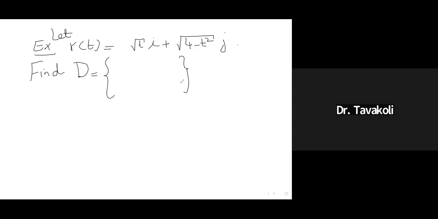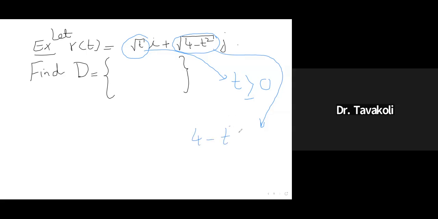Each of these two components has its own restrictions. I should find the overlapping of these two. For radical t, the restriction is t must be more than or equal to 0. For radical 4 minus t squared, the restriction is that 4 minus t squared must be more than or equal to 0. Here it is 4 minus t squared, not t squared minus 4.